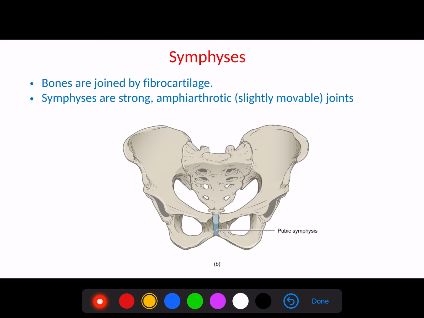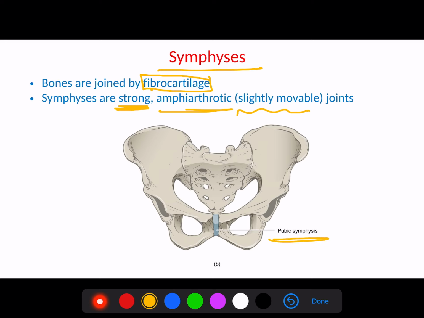The second type of cartilaginous joints is called symphysis. These are bones connected by fibrocartilage. This is one of the three types of cartilage we have in our body. So these joints are very strong, and these are amphiarthrotic joints, meaning they allow slight movement between the bones.